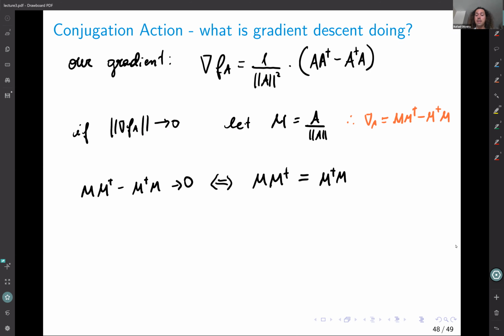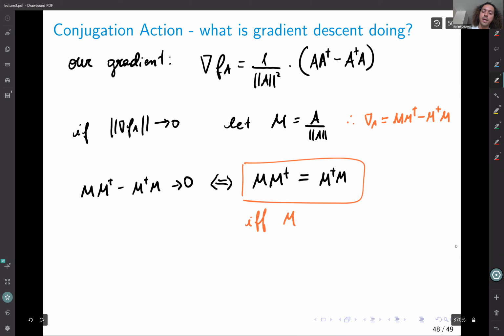Now, what does it mean for this equality to happen? We know that it happens if and only if M is a normal matrix.